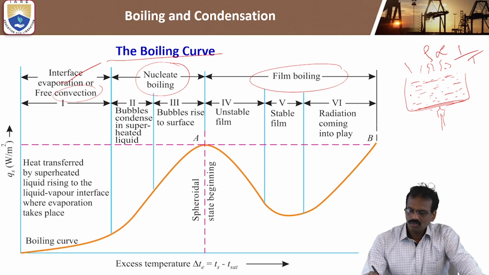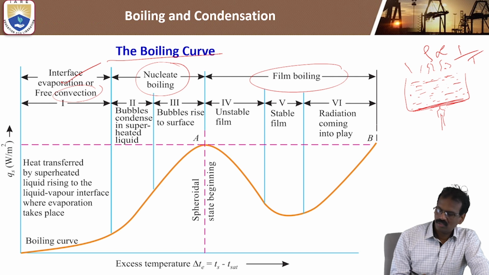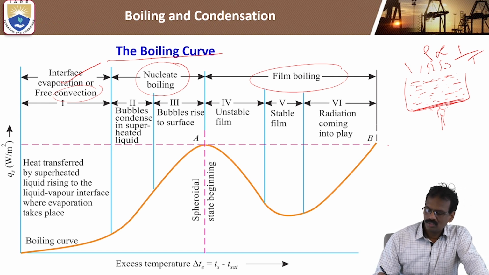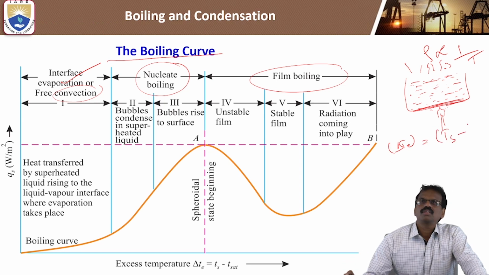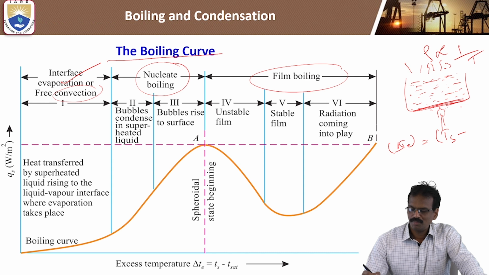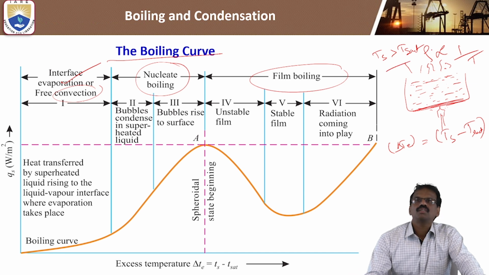Here we will see the temperature difference, delta T is Ts, the solid surface temperature, minus T saturation, the liquid saturation temperature. If Ts is greater than T saturation, then we'll see the boiling process.